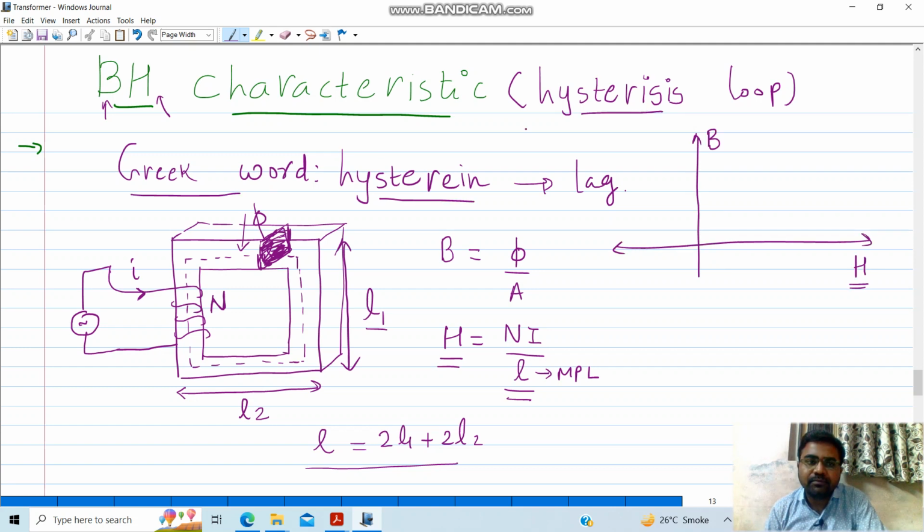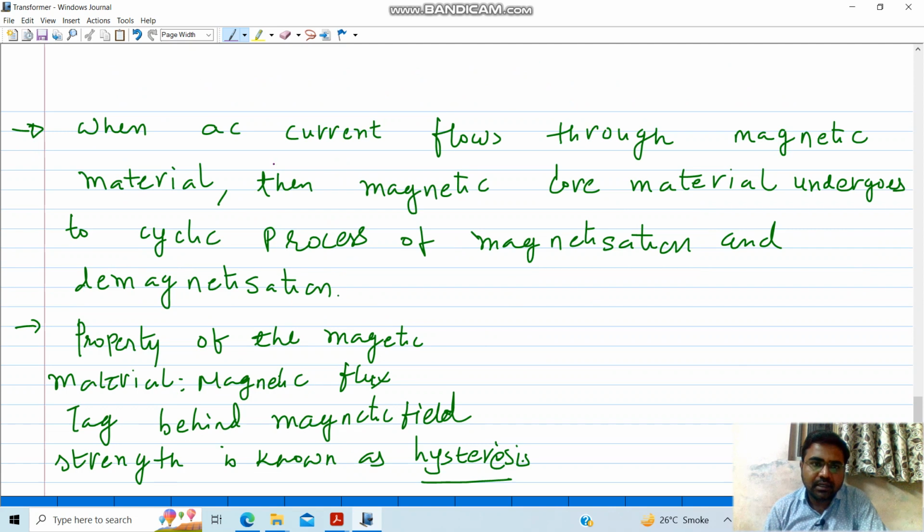Hysteresis comes from the Greek word hysteren, whose meaning is lagging. When AC current flows through any magnetic material, the magnetic core material undergoes a cycle of magnetization and demagnetization.